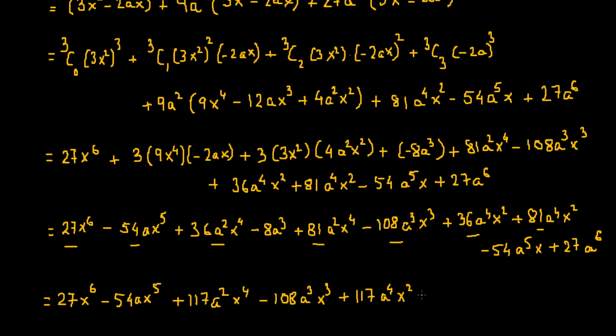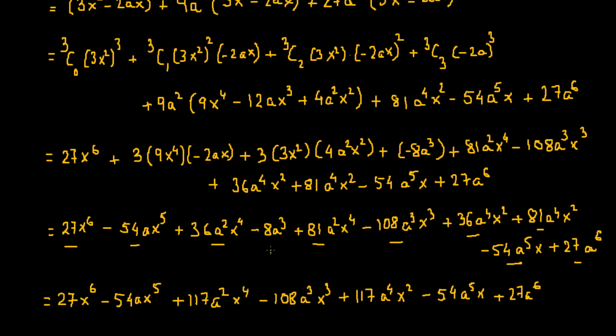And we need a5 and x. So this one here, a to the power of 5. Anything else? No. So this is minus 54 a to the power of 5 x. And what are we left with? We're left with 27 a to the power of 6.